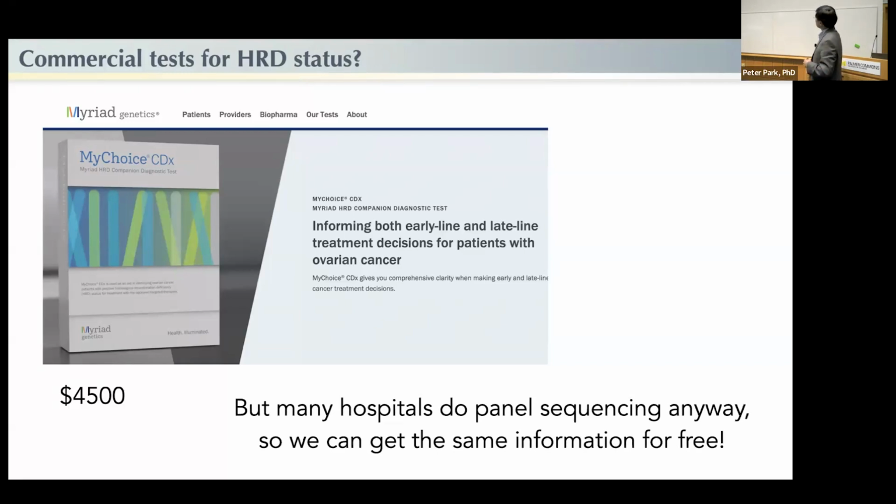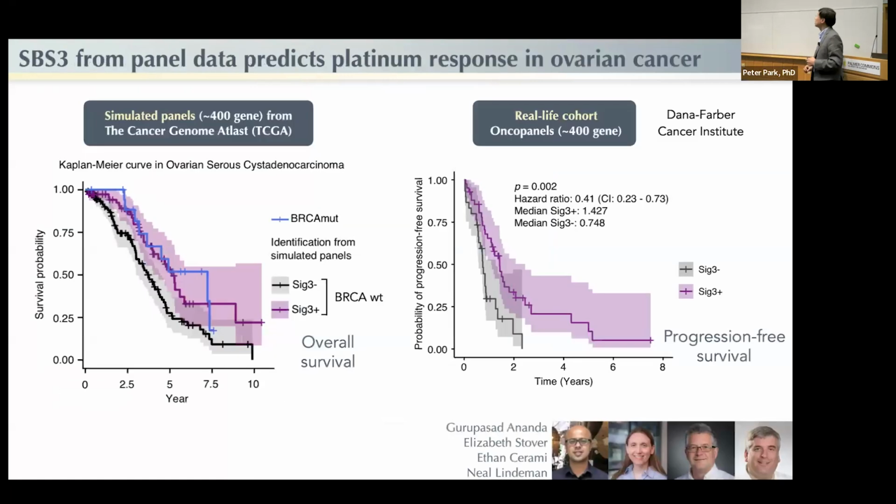I thought that we have to do a lot of work to ensure that it's almost as good as this commercial test. And in fact, we spent a lot of time trying to work with clinical trial data to make that case. And so I'm going to go through this really quickly just to show that, in fact, we have tried.